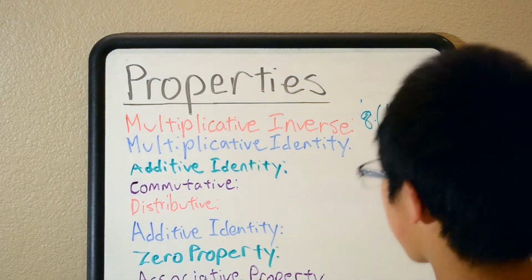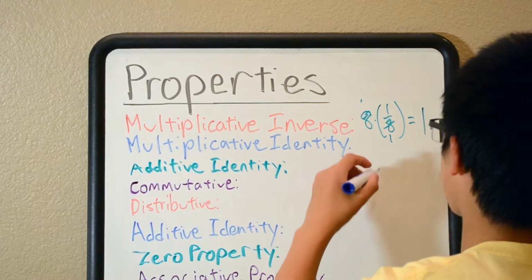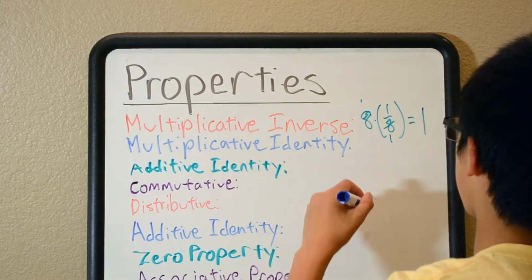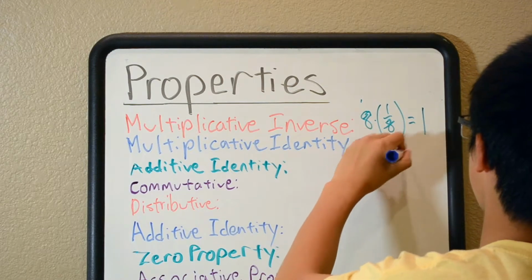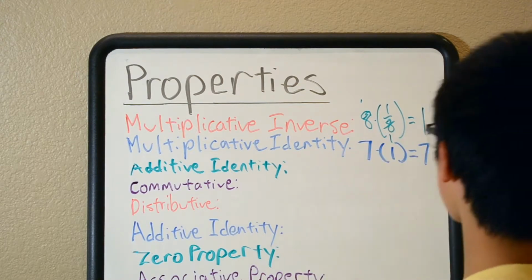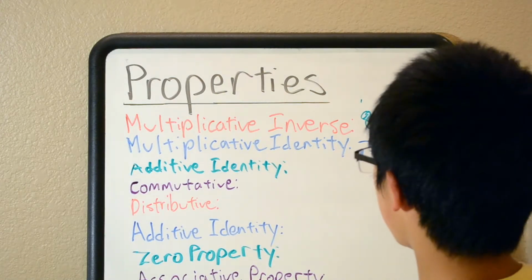And multiplicative identity. Multiplicative identity means when you multiply a number, for example 7 times 1 is equal to 7. Any number times 1 is itself.